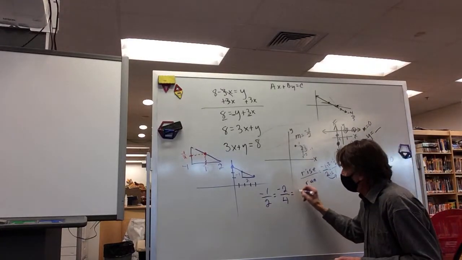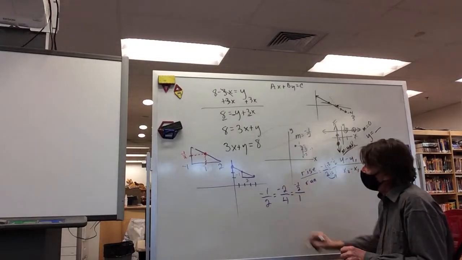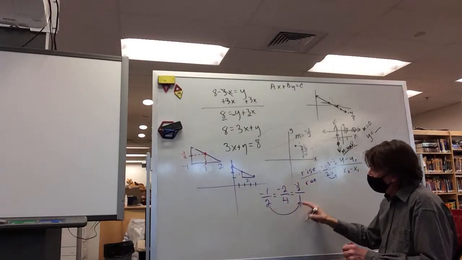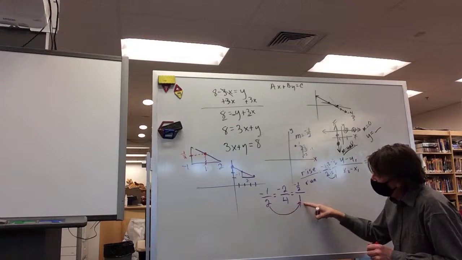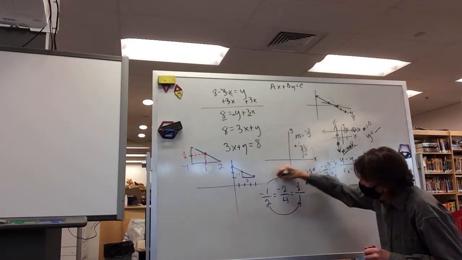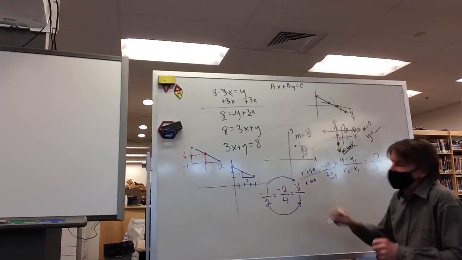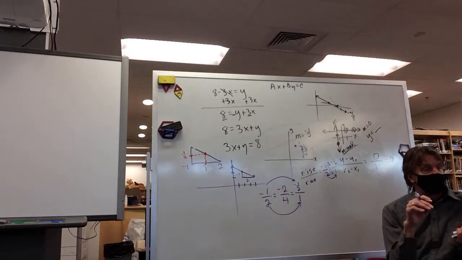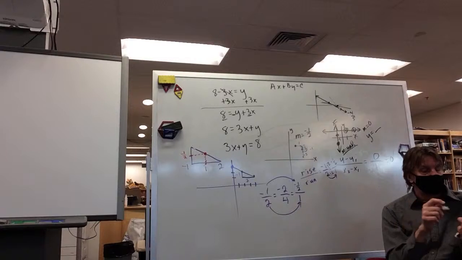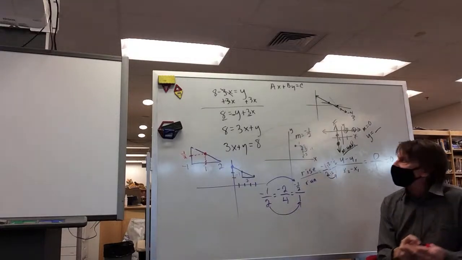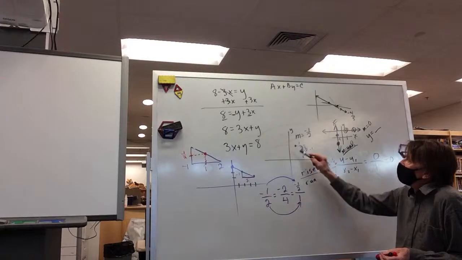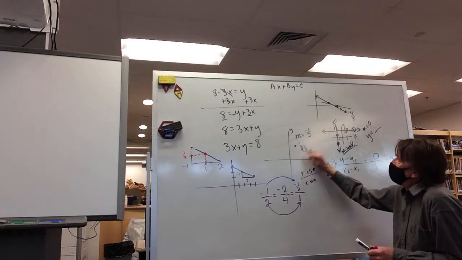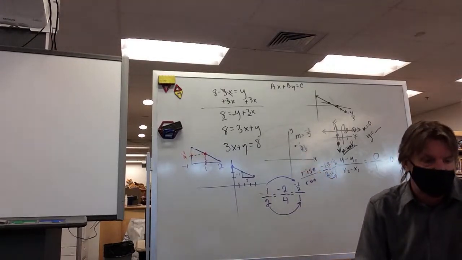Well, that could also be going down 1/2 if you go over 1. Because 1 compared to 2 is twice as big, and this number is twice as big as a negative 1/2. So you're just changing the size of your steps. That's what it's going to be.